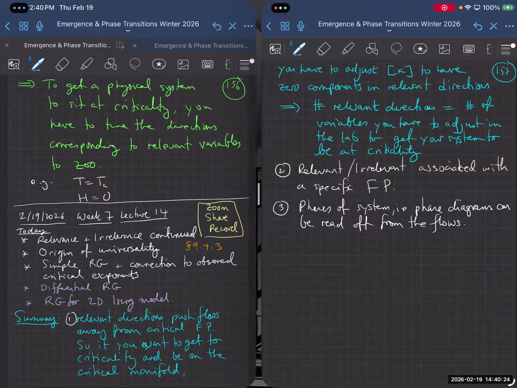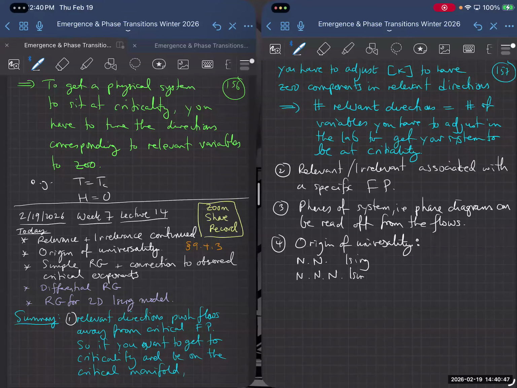And then the real origin of universality is that both the nearest neighbor Ising and next nearest neighbor Ising flow to the same critical fixed point, and then they have the same relevant directions because they're at the same critical fixed point and therefore the same critical exponents.